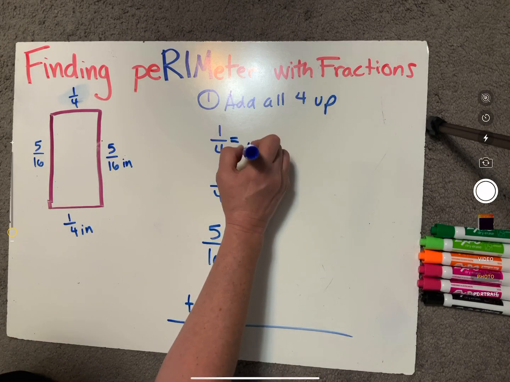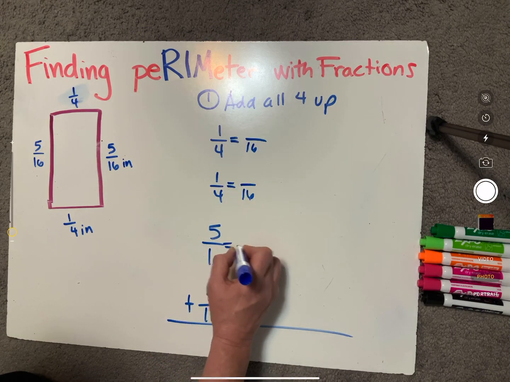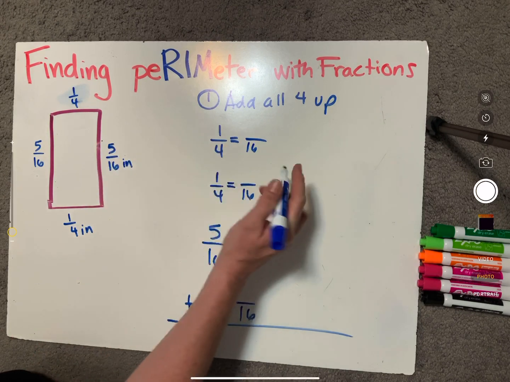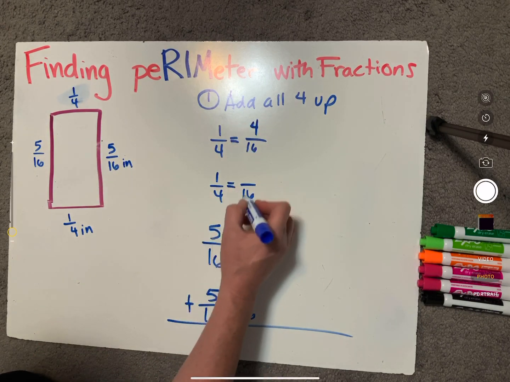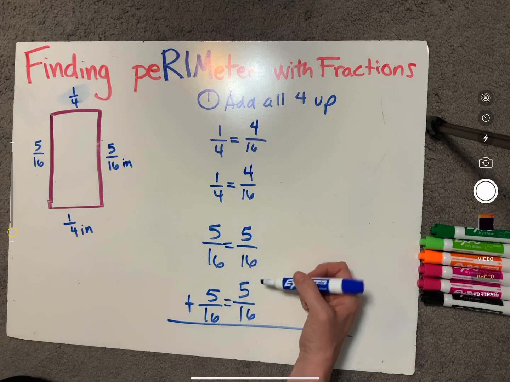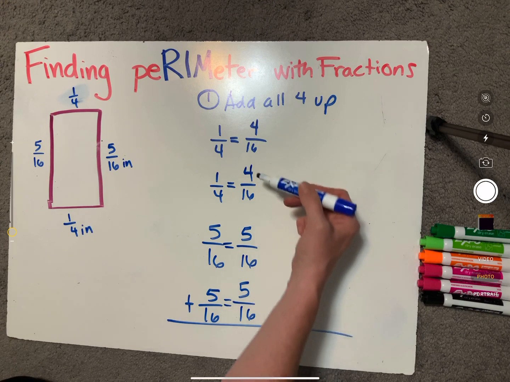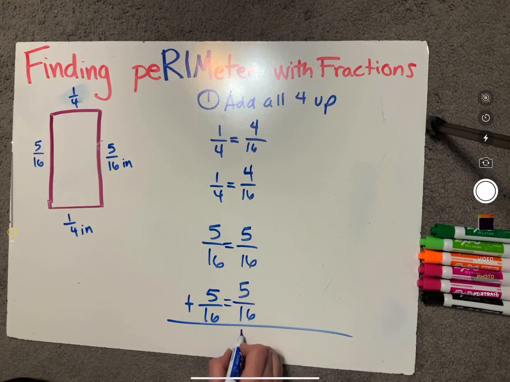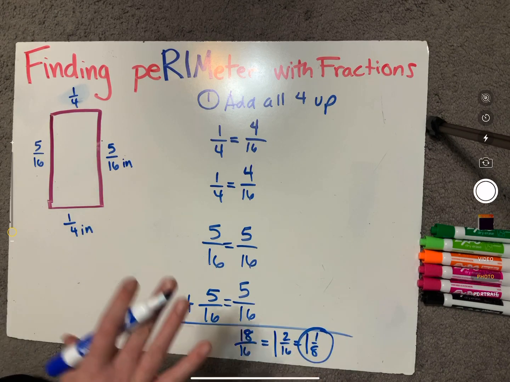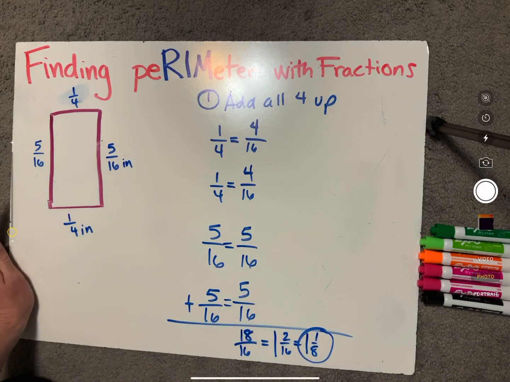It would be 16. So 4 times 4 would be 16, 1 times 4 is 4. Same thing there. And then this will remain the same. So now we're going to add this up. 5, 10, 14, 18. So I end up with 18/16. So if I change this into a mixed number, I get 1 and 2/16, which would be 1 and 1/8. Okay, so that would be if you wanted to add all 4 of the sides up.